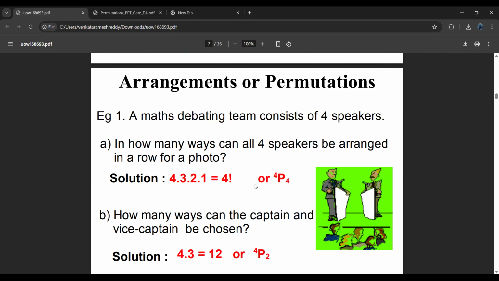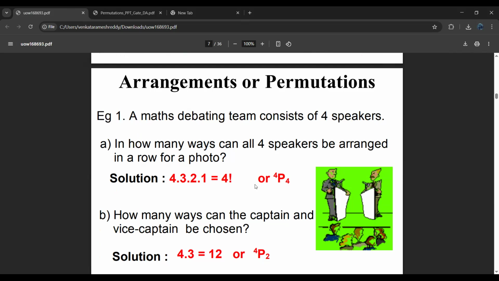If all the speakers want to be arranged for a photo, in how many ways can you arrange them? For taking a photo, four people can be arranged in 4 factorial ways, or 4P4 ways. 4P4 is nothing but 4 factorial, that is 4 into 3 into 2 into 1. It means four speakers can be arranged in 4 factorial ways.